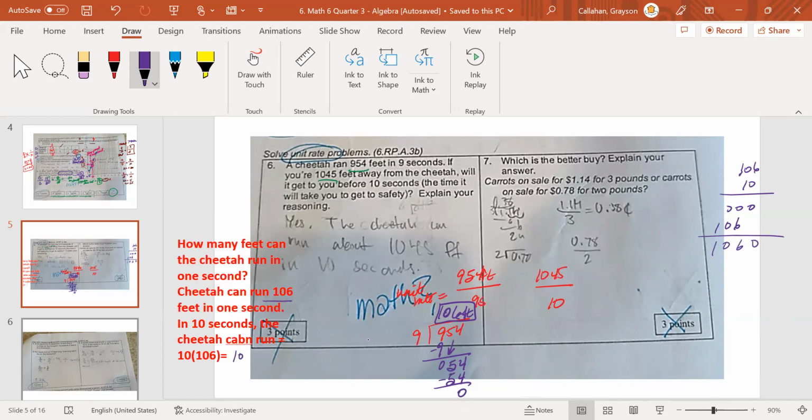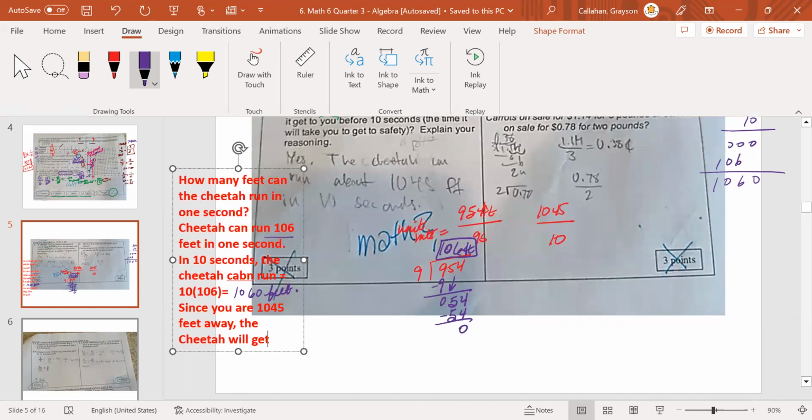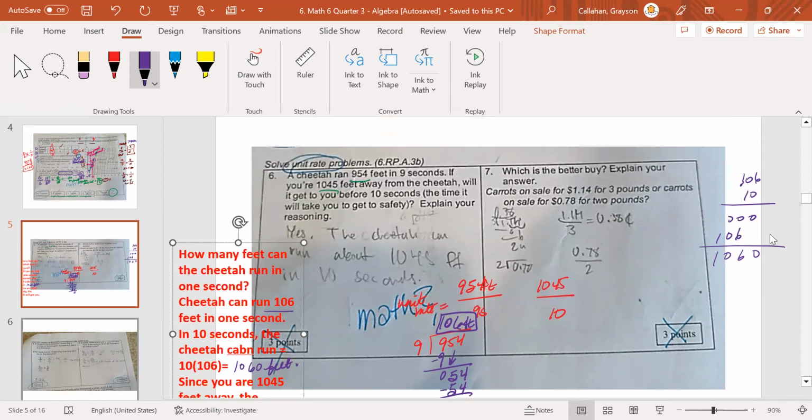So it could run 1,060 feet in 10 seconds. Do you see that? Well, is it going to get you? Since you are 1,045 feet away, the cheetah will get you. And that's how you answer that question, right? Okay.